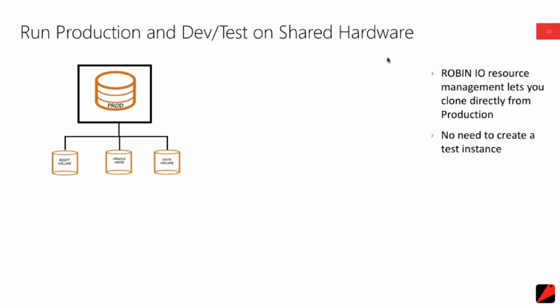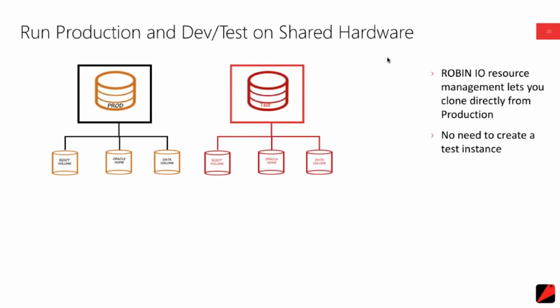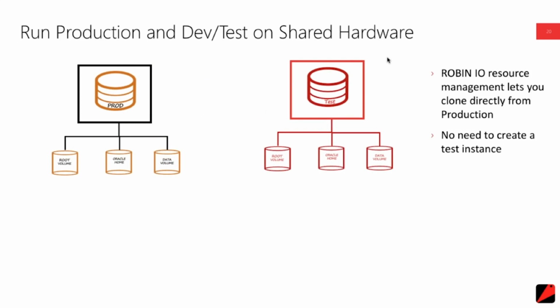So one opportunity that this opens up for us is to do things that we might not otherwise be able to do. We can, in fact, run production and dev test on the same shared hardware, right? We can do clones from a production environment, have that clone stood up in the same infrastructure, even in the same resource pool, right?